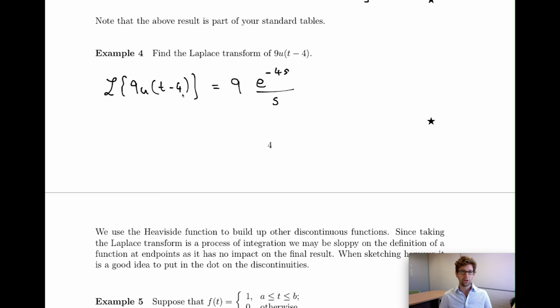So we've seen that we can use the Heaviside function to represent sudden switches, sudden switching on of a function, for example. In fact, we can use this to build up other kinds of discontinuous functions. Let me show you what I mean.